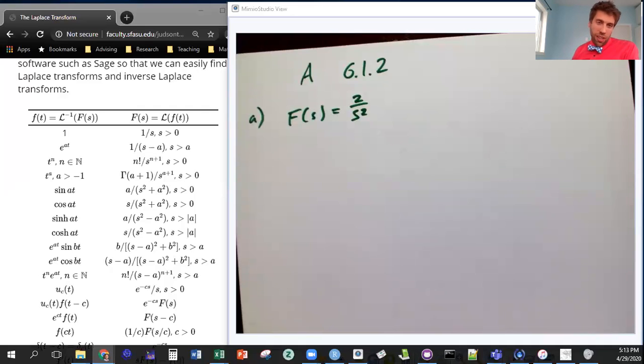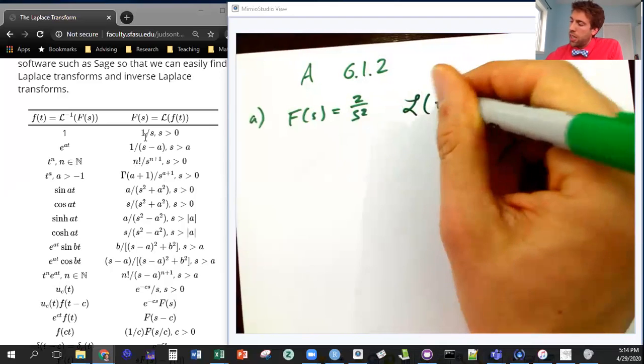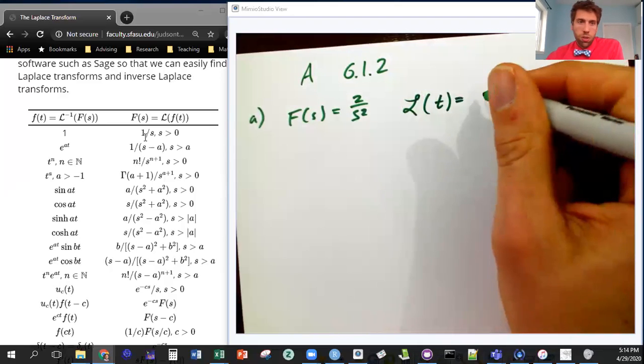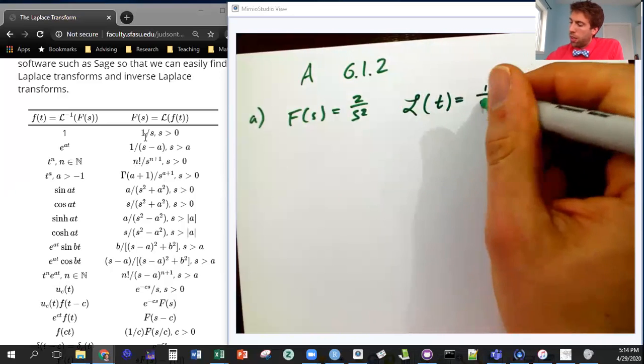So here, I've got this table from your textbook, and I need to find what things look like they are something over s squared. Well, right here, s squared would be n equals 1. And so that means that the Laplace transform of t equals 1 factorial over s squared.